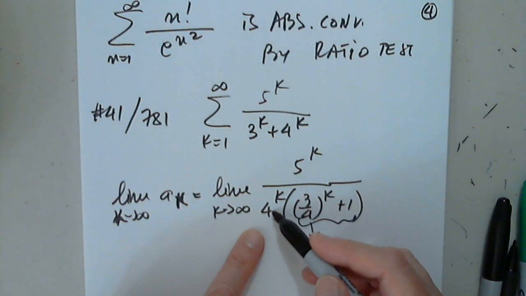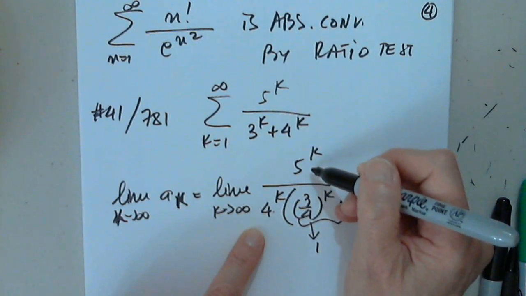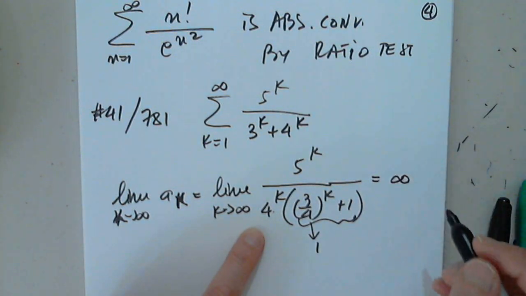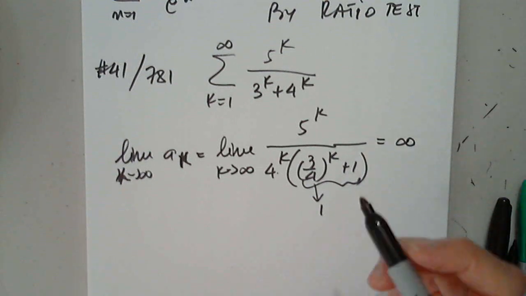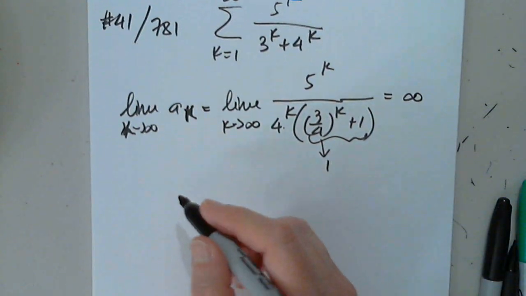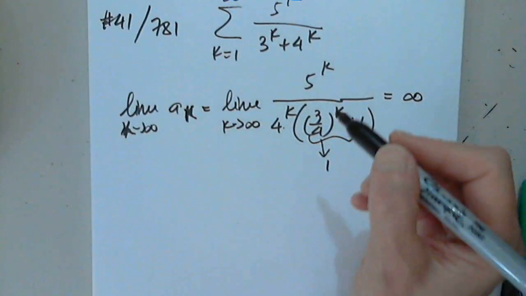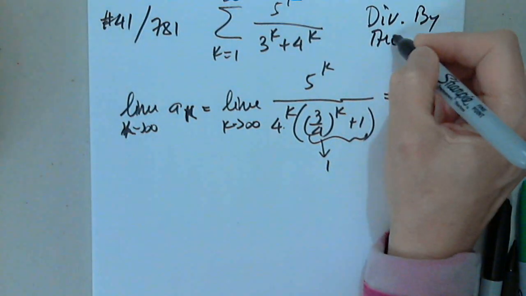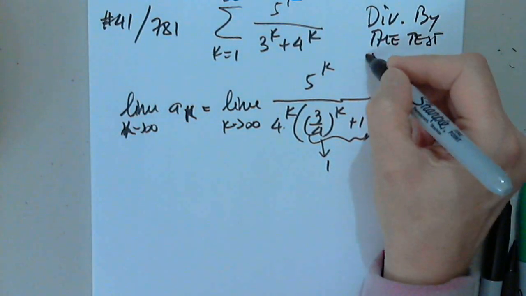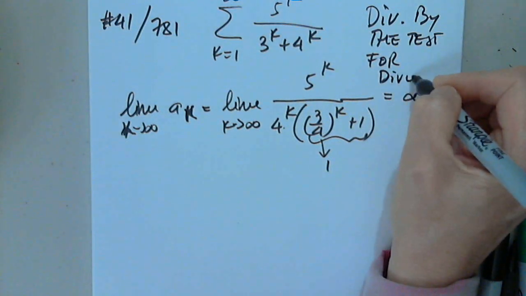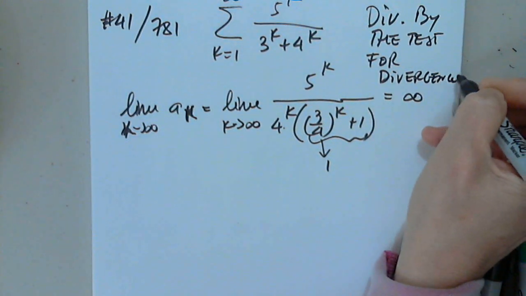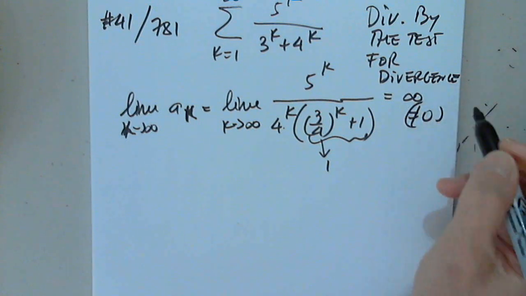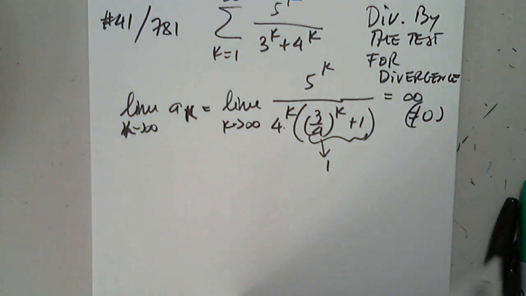Now 5 over 4 to the k, because the numerator is bigger, the answer will be infinity. So since it's not 0, by the test for divergence, the series is divergent. Thank you.